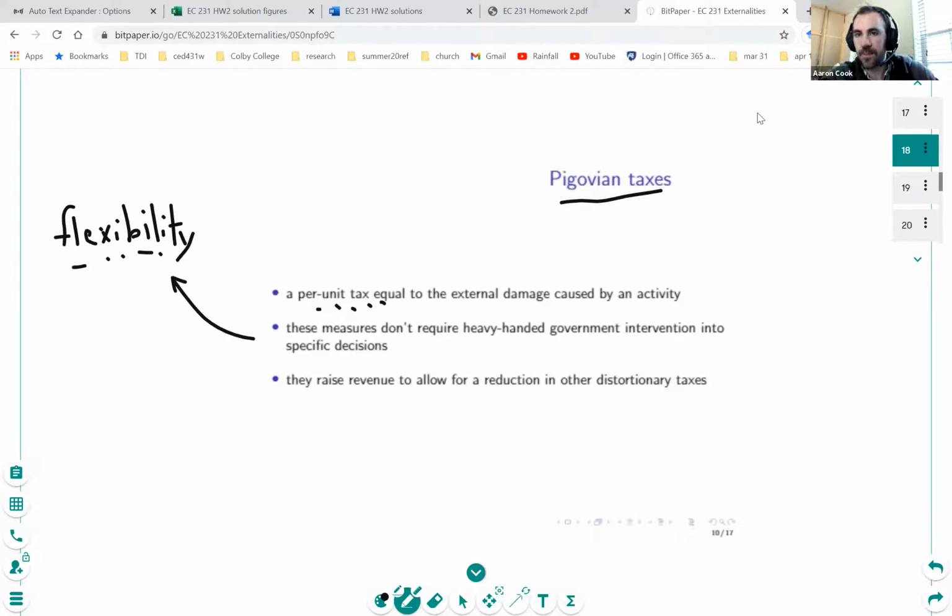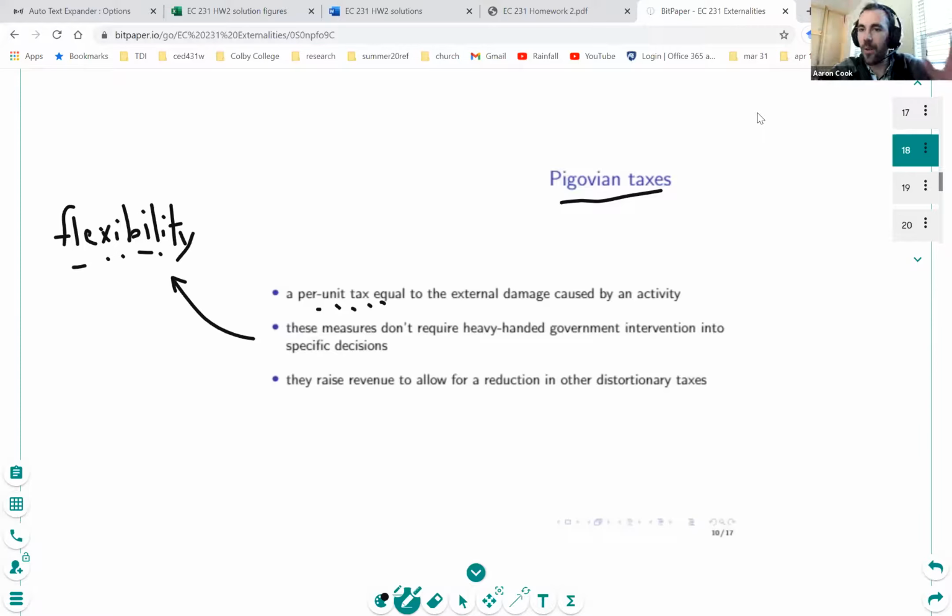For some businesses, it might be very costly to reduce pollution, and they might decide it's better for them to pay the tax than to reduce by a huge amount. Other businesses might have very inexpensive means to reduce their pollution, in which case they will want to cut back by quite a bit in order to avoid the extra penalty of the tax.